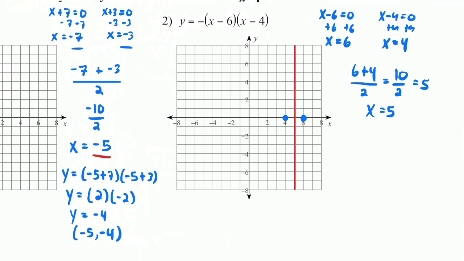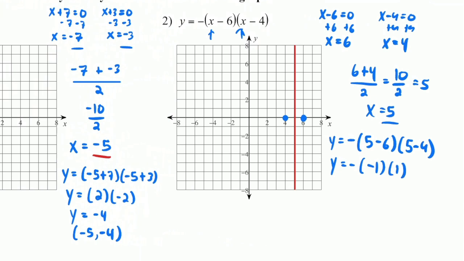And again, I now take this 5 and I plug it back in for x in my original equation. So y is going to be equal to, remember to keep track of that negative in the front, negative, parenthesis, 5 minus 6 times 5 minus 4. So that will be the same thing as y is equal to negative, parenthesis, 5 minus 6 gives me a negative 1. 5 minus 4 gives me a positive 1.